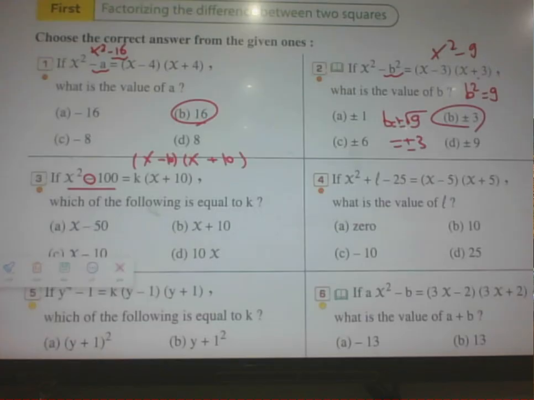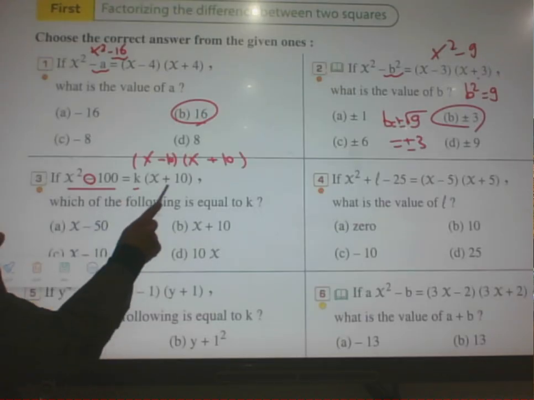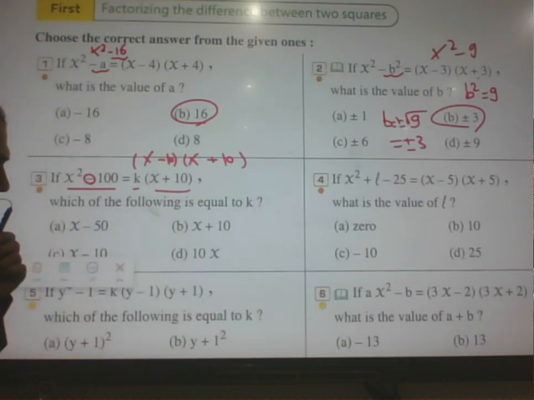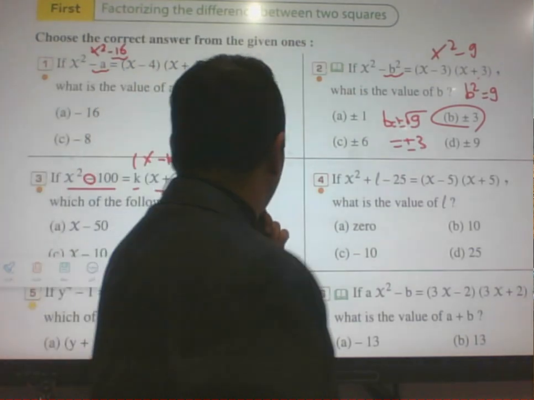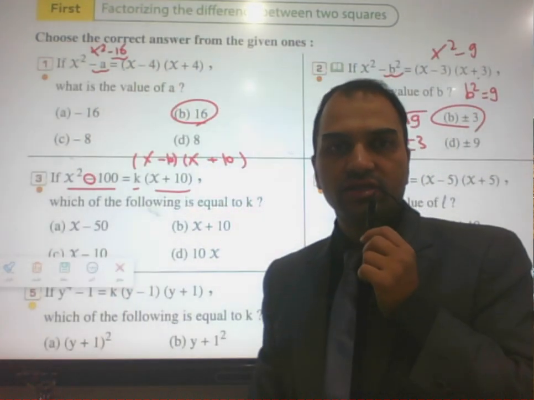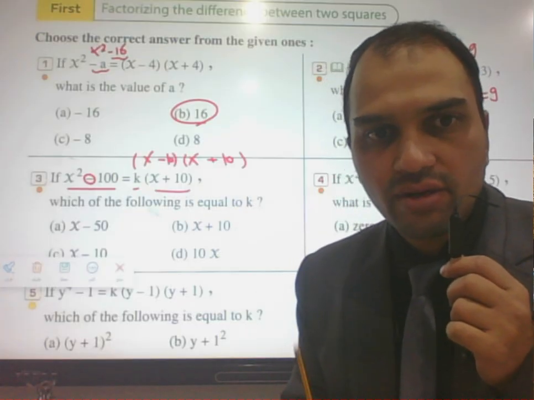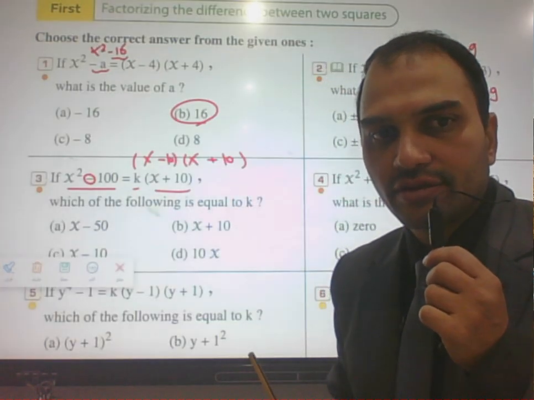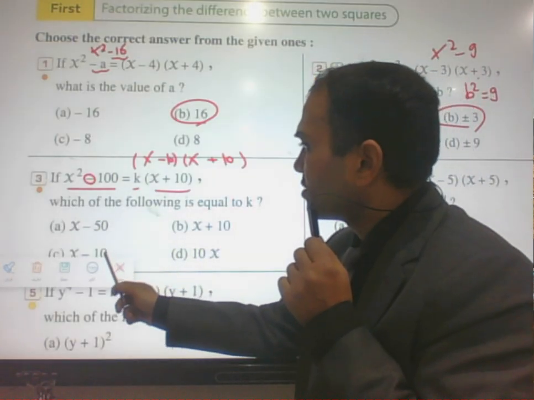We can combine the two factors here. The first factor k and the second x plus 10. Then the value of k will be the other factor, x minus 10. The value of k equals x minus 10. It shows letter C. Okay? Letter C.